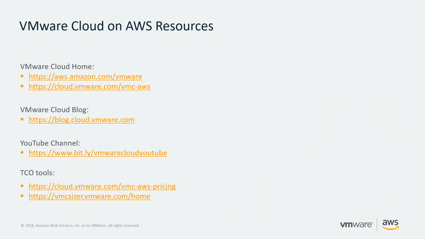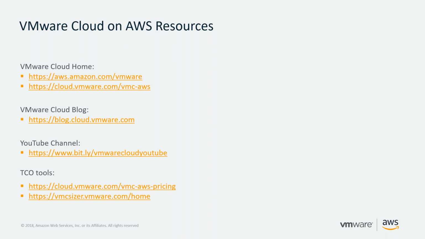Sure. The great thing about VMware Cloud on AWS is you're paying for everything packaged together. That is your hardware and the software, so vSphere, NSX, vSAN, and the maintenance is included as well. VMware actually goes in and does all the updates.